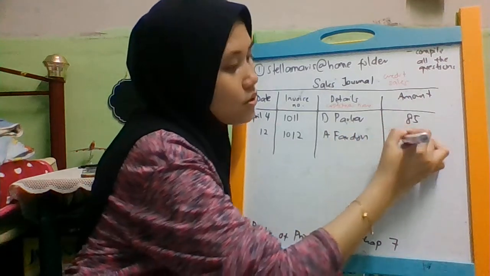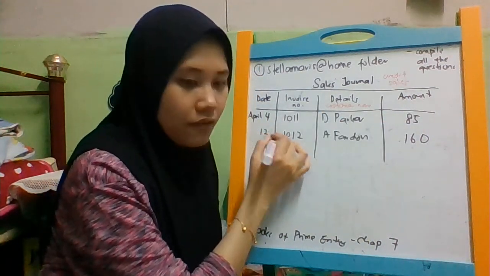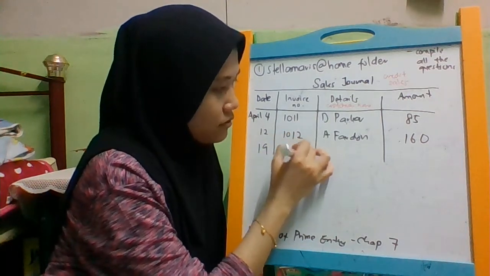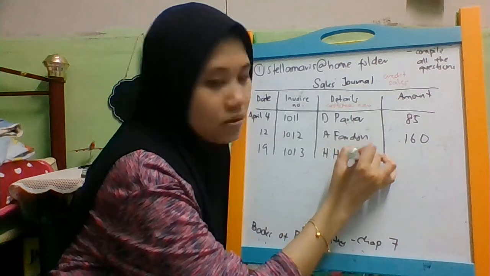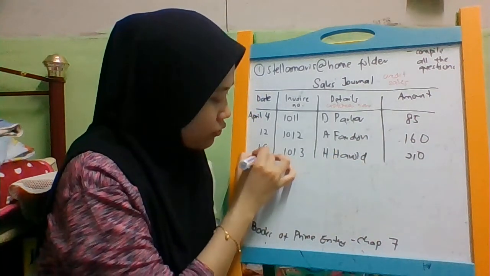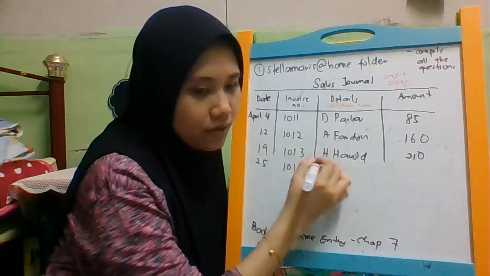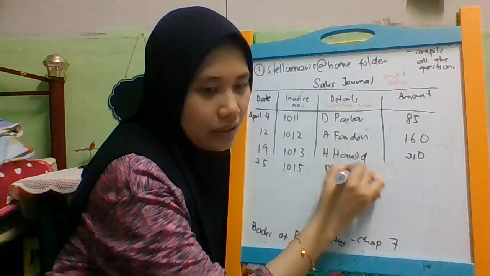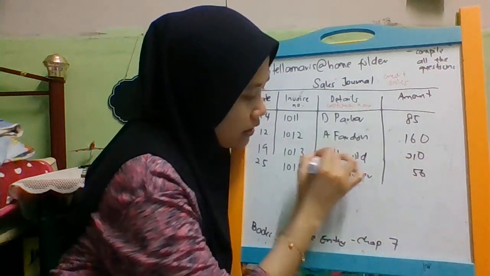Then 12th April, invoice 1012, we sell to A Bargain, 160. Then on the 19th, we have H Harold, 210. On 25 April, invoice 1015, D Parker again, 56.